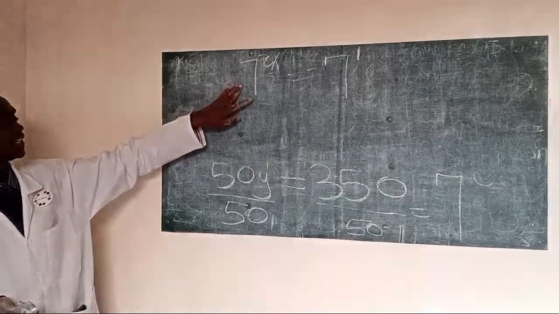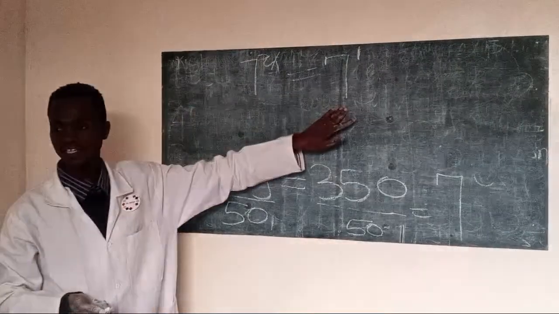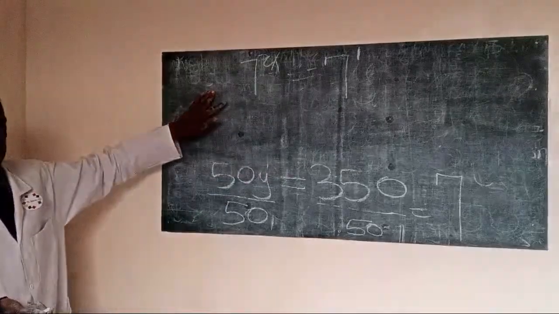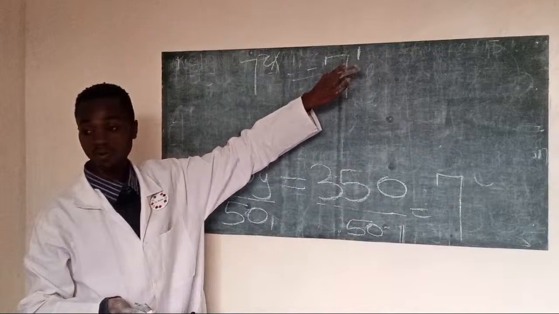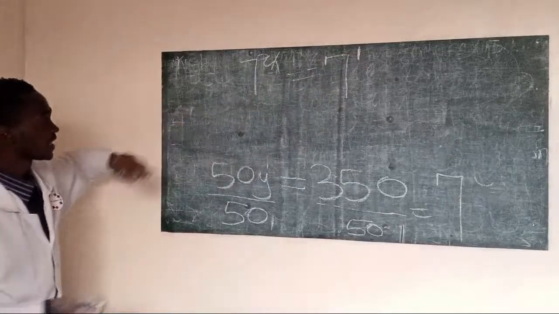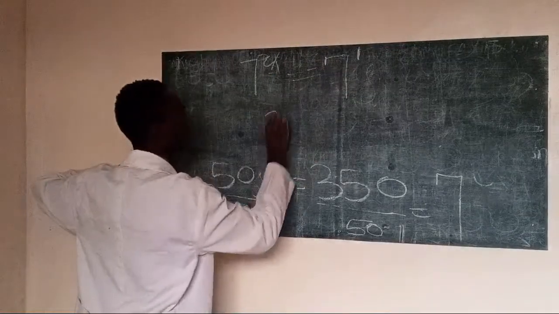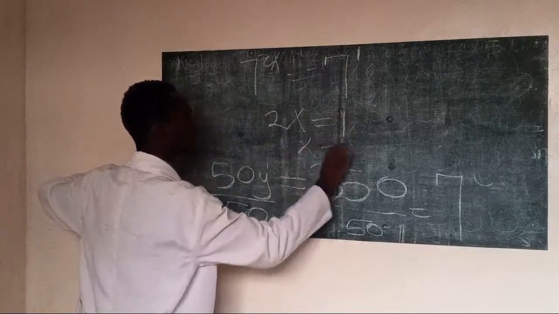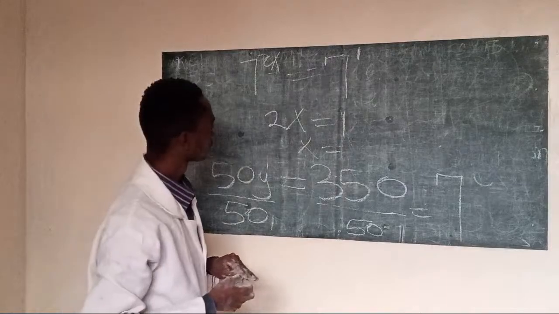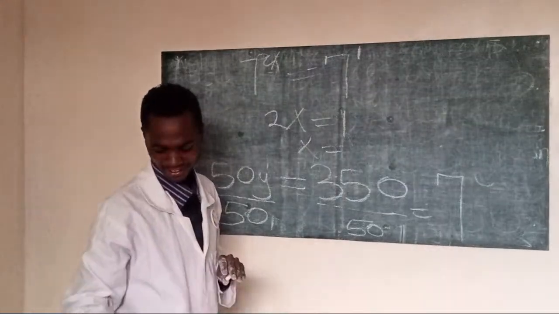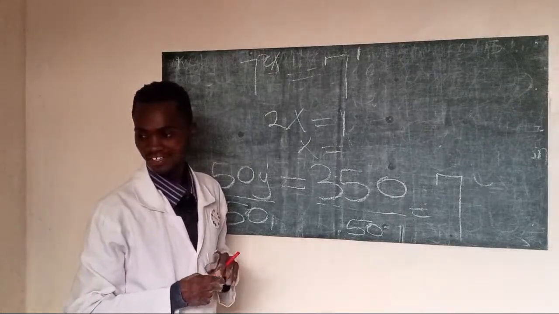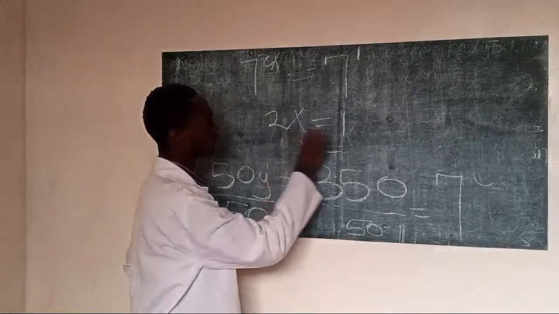So here, if both of them are in base 7, if I need the powers of 7, the power of 7 is 7 to power 1. Let us find the value of x. We say 2x is equal to 1. X is equal to half or 2. Nataka tumepata 2. We divide by 2, we divide by 2.